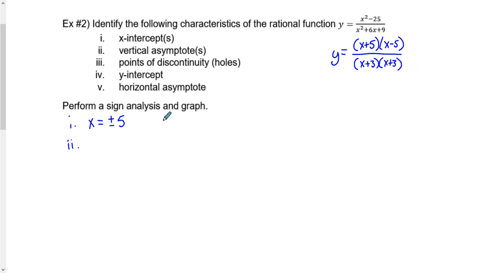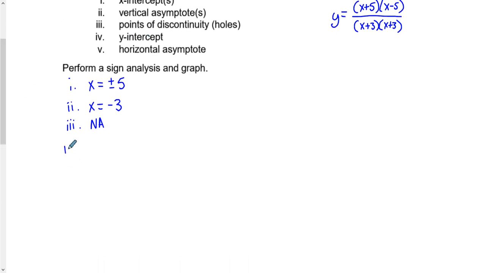Well, that's only going to be once, and that's negative 3. Points of discontinuity only happen when you have the same factor in your numerator and your denominator. This one, there are no factors in common, so there's none.